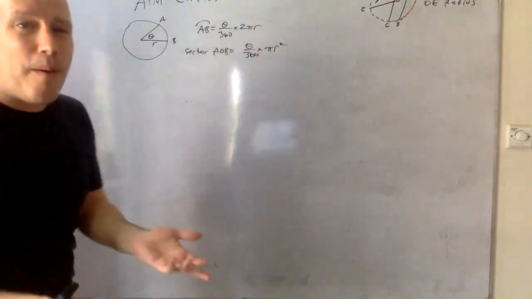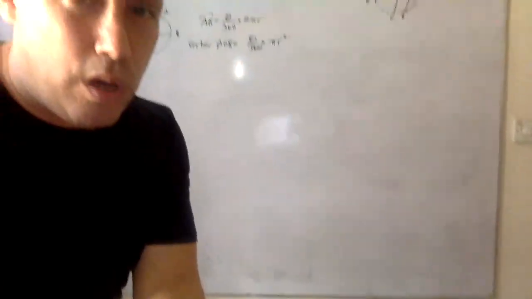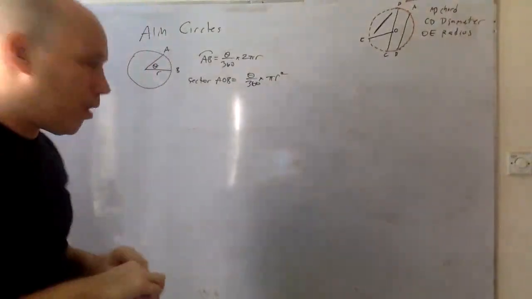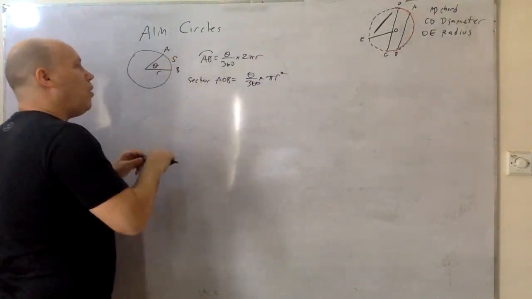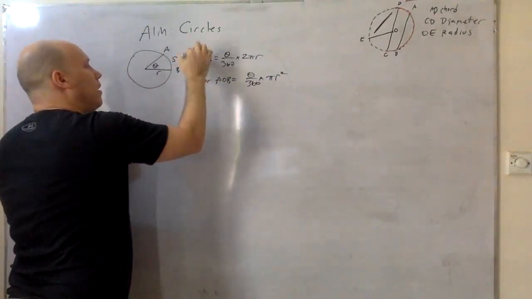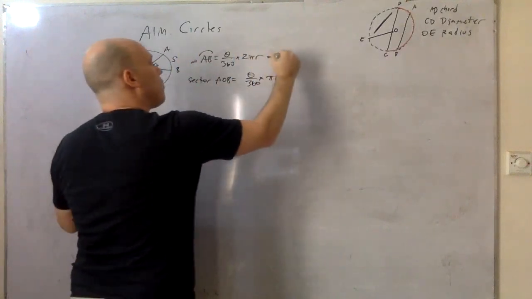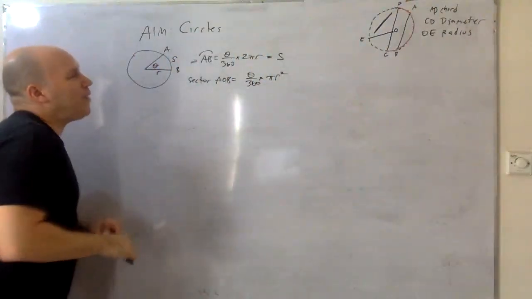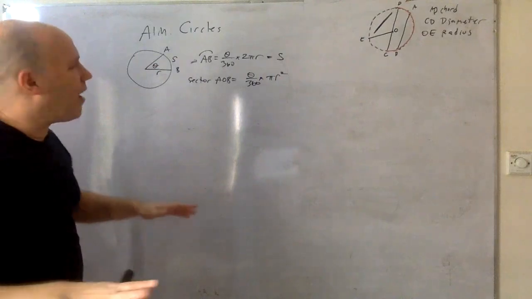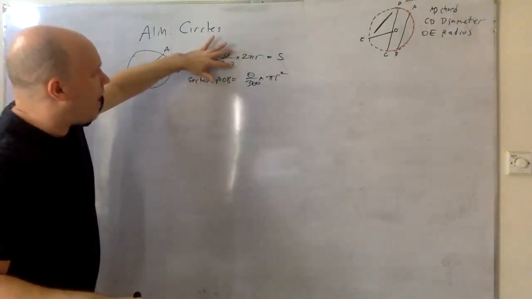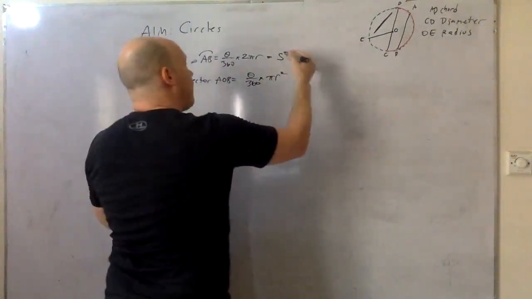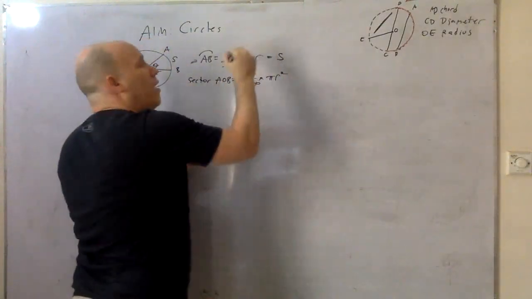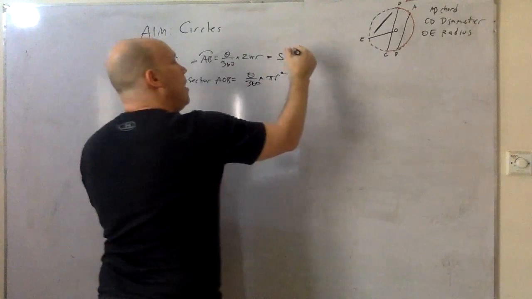I'm going to make a little change because I want to bring us closer to our unit, and we're going to call that arc length S. This is kind of cool, because both of these have theta over 360.